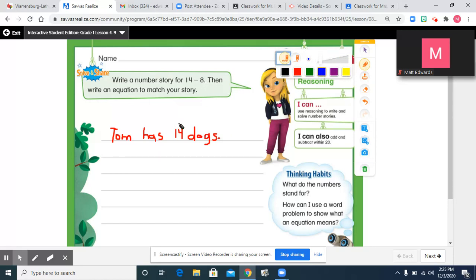So that means somehow we have to take away 8 from 14.